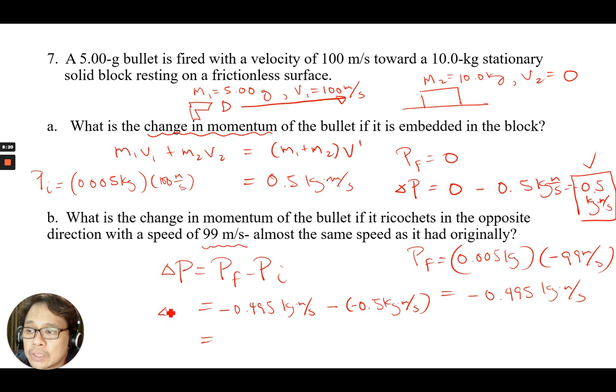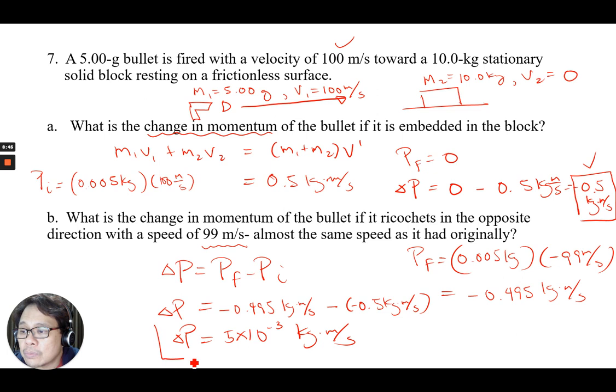What is the change in momentum here? Negative negative will be positive. We get 5 times 10 raised to negative 3 kilogram meter per second. We follow the rules on significant digits. This is 1 SF, since 100 meters per second has only 1 significant figure.